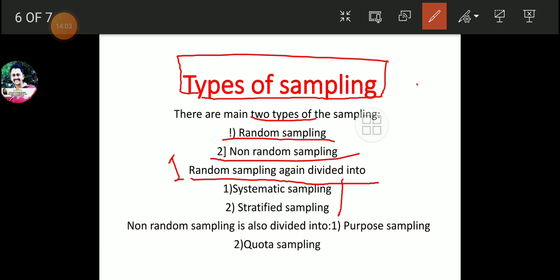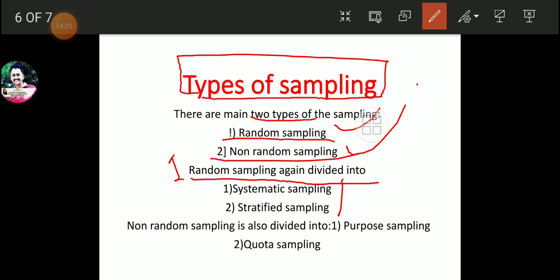Once again, there are two main types of sampling. First one is random, second one is non-random, isn't it?